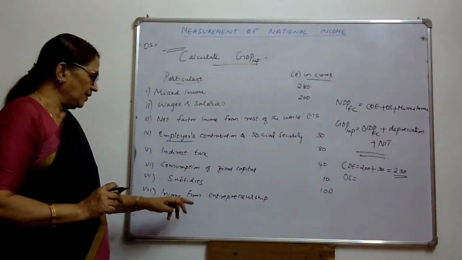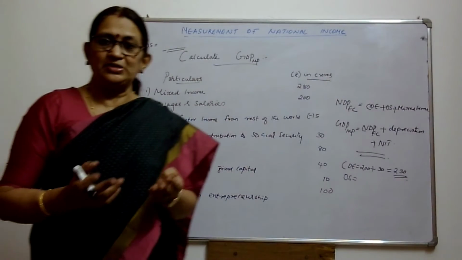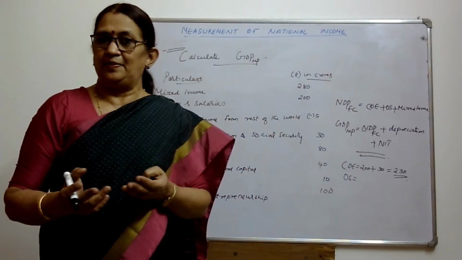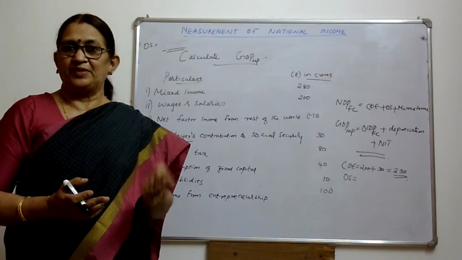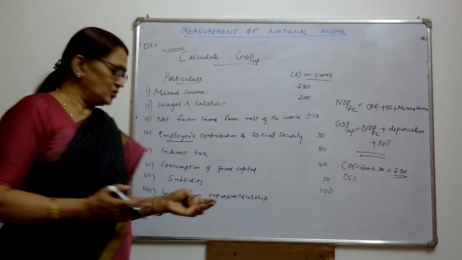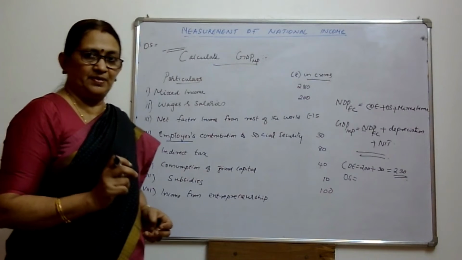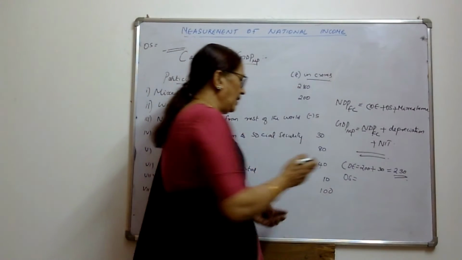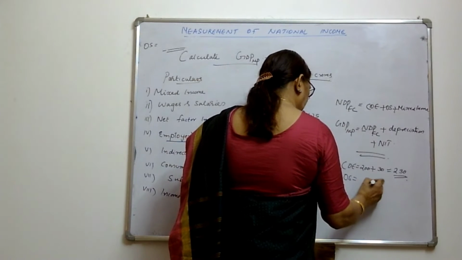Profit is income from entrepreneurship. We know that there are four factor inputs: land, labor, capital and entrepreneurship. Land gets rent, labor gets wages, capital derives interest and the entrepreneur gets profit. So income from entrepreneurship is profit. So for operating surplus, only one component is given, that is profit. It is 100.